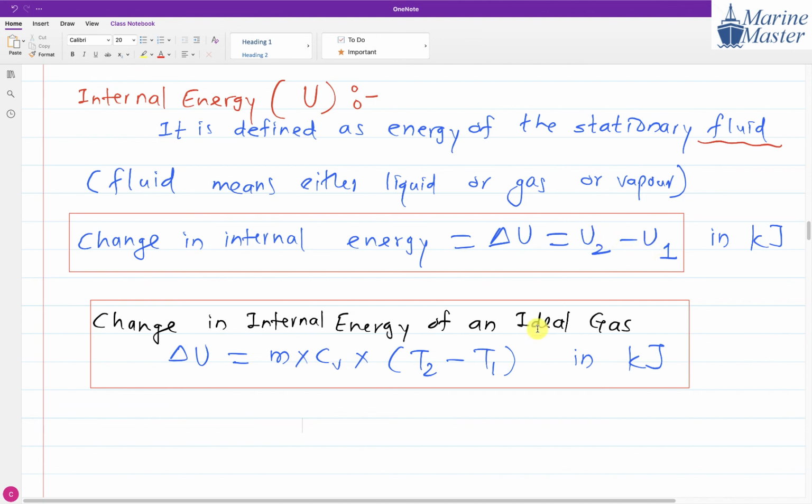Change means final minus initial, but for an ideal gas it becomes m Cv (T2 minus T1). And what is the meaning of Cv? Cv stands for specific heat at constant volume. Please write down this one.